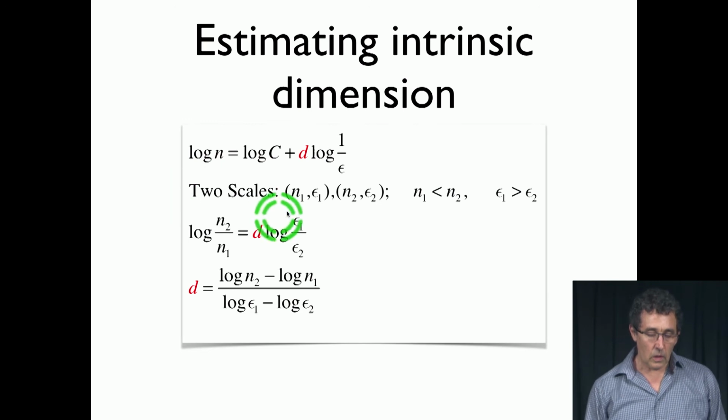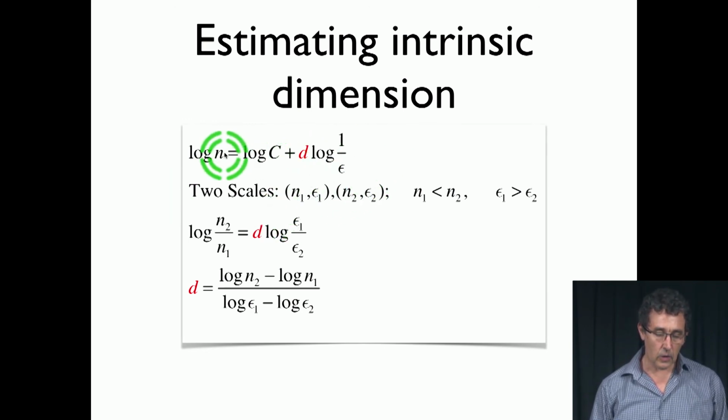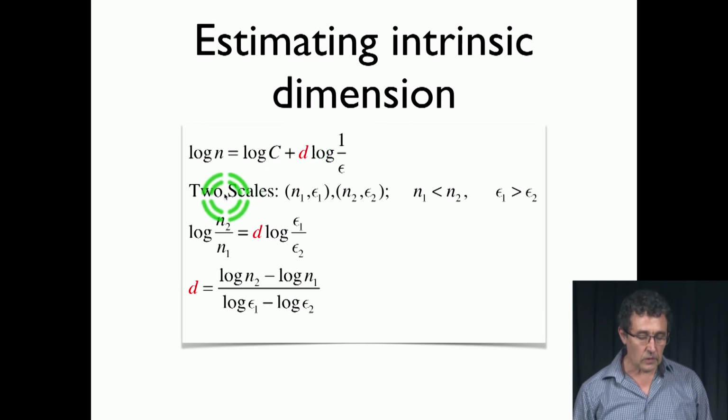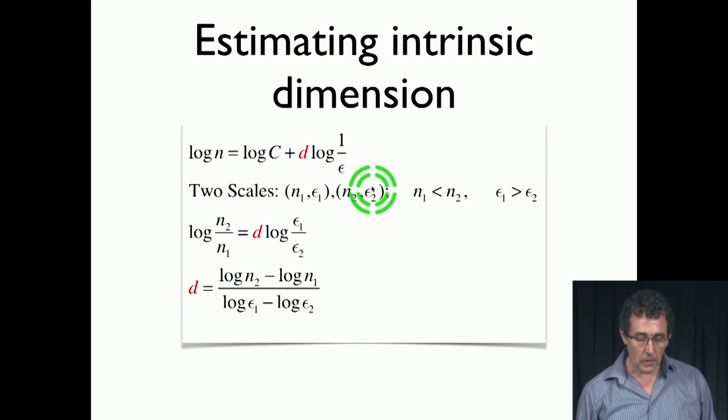So now we're going to apply our formula, log n is equal to log c plus d log 1 over epsilon, to estimate d. Okay? So what we do is take two scales, n1 with its radius epsilon 1 and n2 with the radius epsilon 2, and apply this formula to both.